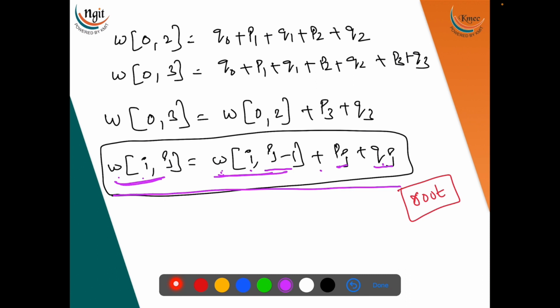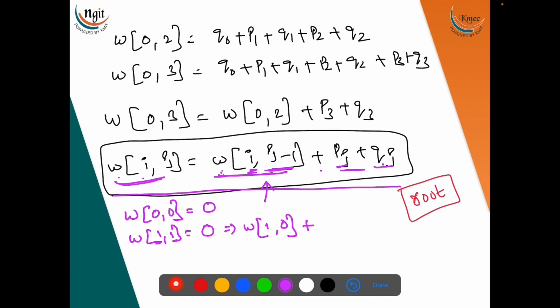Now let's suppose, what is the weight of w 0 0? It is 0 itself. w 1 comma 1 is also 0. Why is it 0? Look at the formula, I'm just elaborating it. What is i? 1. 1 comma j minus 1, 1 minus 1 is 0, plus p j plus q j.